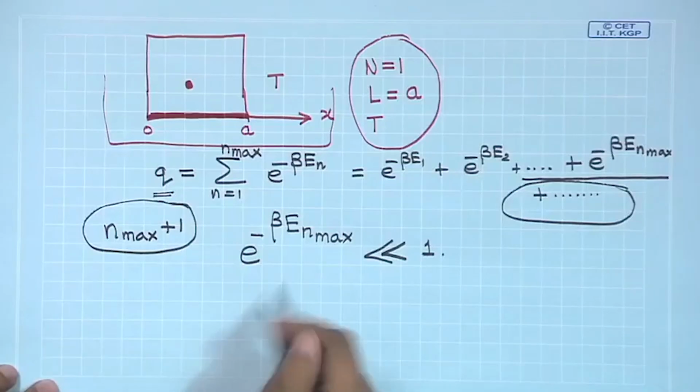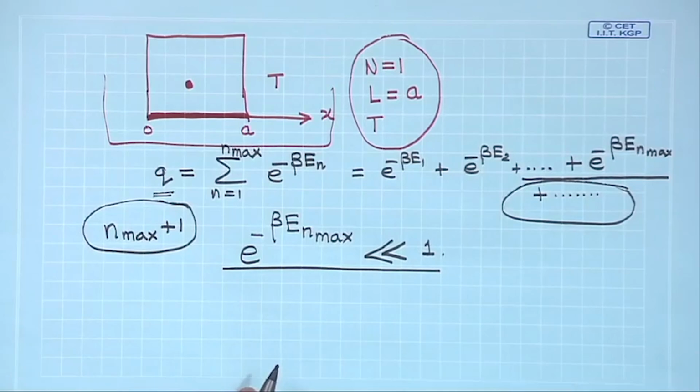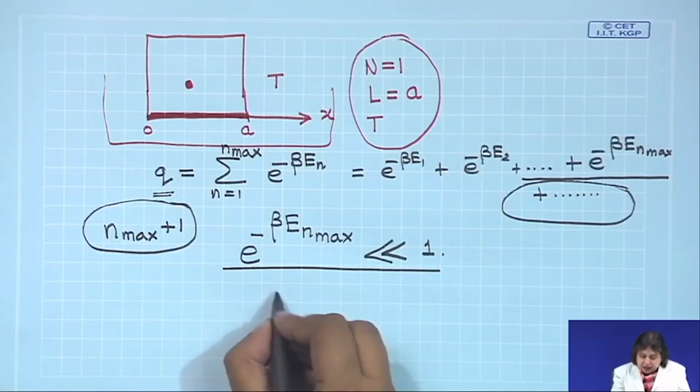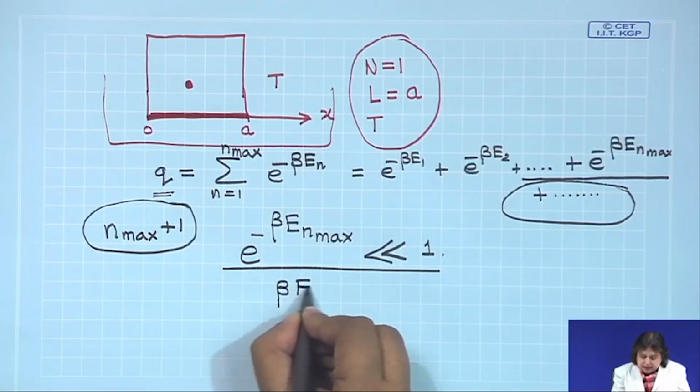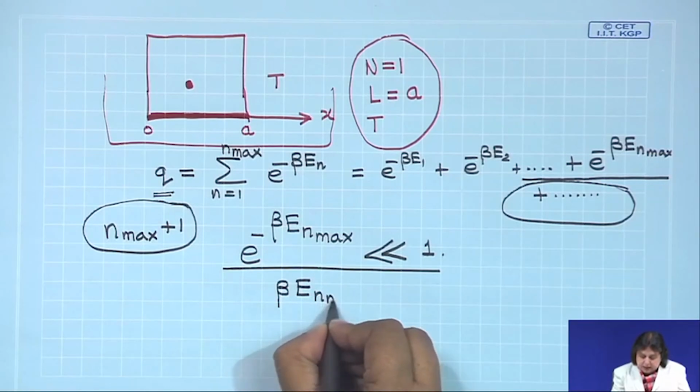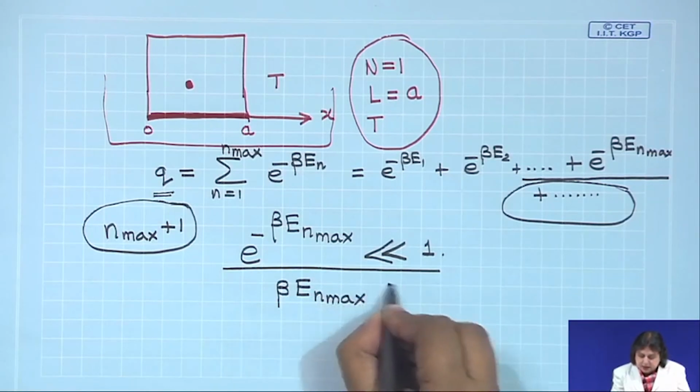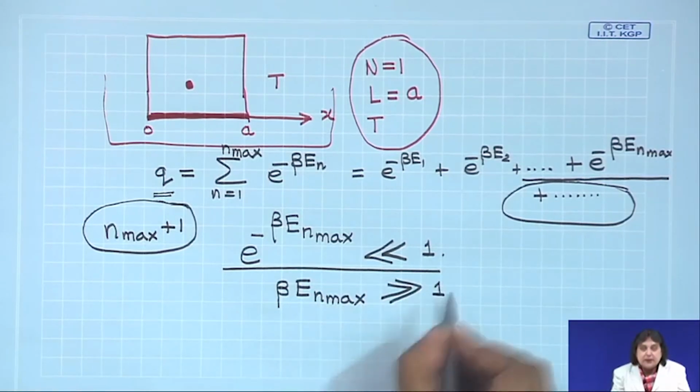I mean n max or n max plus 1, this kind of term is going to be very small, or in other words, beta E n max must be much greater than 1.